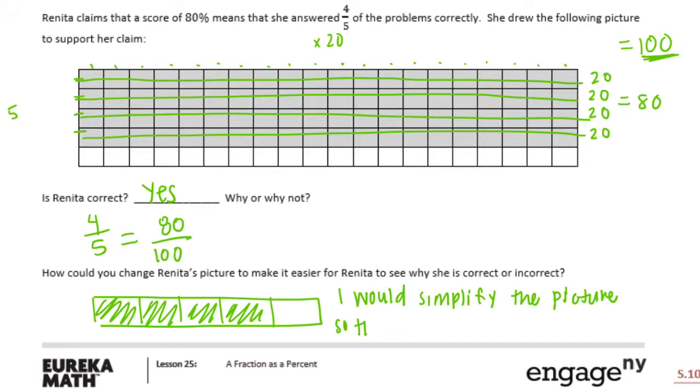So there are 4 out of 5 shaded. And then up here, I forgot, if we wanted to say that that's equal to 80%, we could also do that, because 80 out of 100 is 80%.